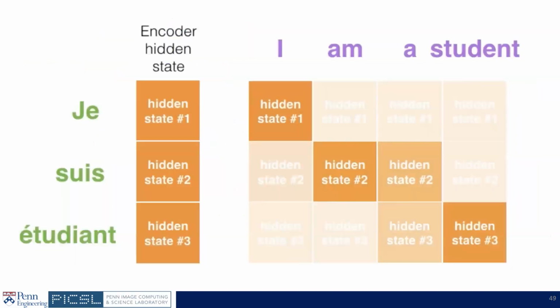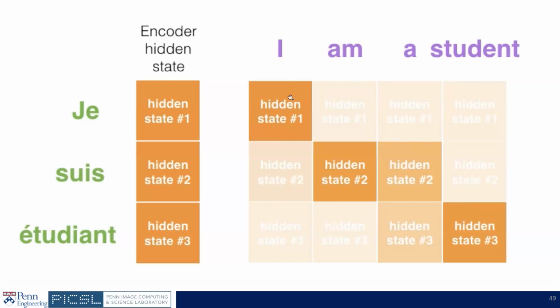So essentially what we did with this whole attention business was, I have my sentence in French, I have my sentence in English, and you can see how the different hidden states are playing a role in decoding from French to English. If you look at this word "suis" in French, it basically translates to "am a," right? And for this particular translation, it looks at hidden state number 2 when it is translating from French to English, right?